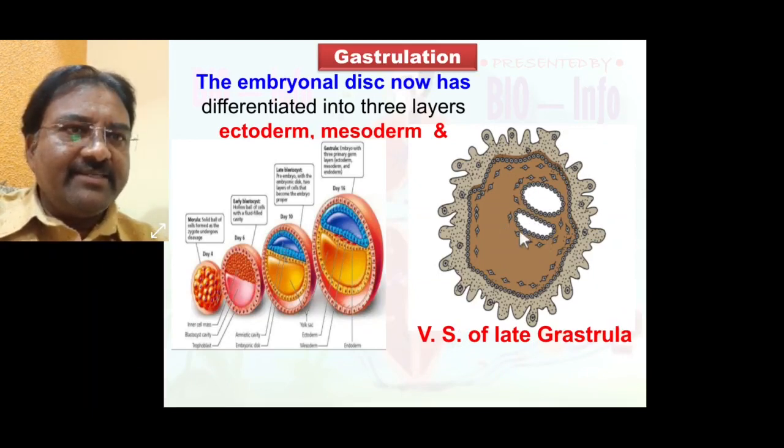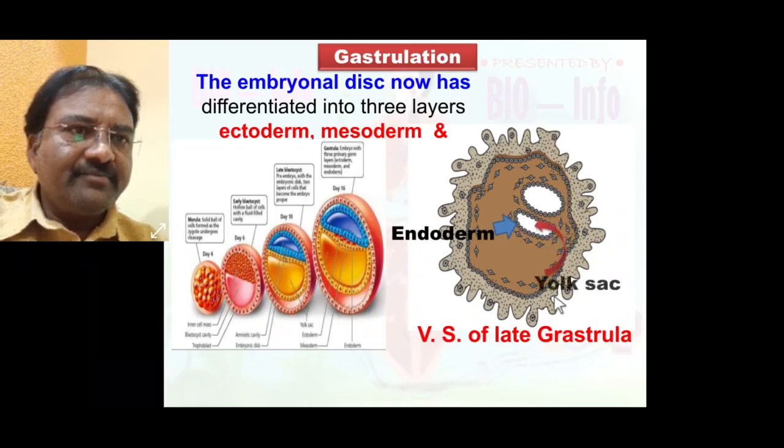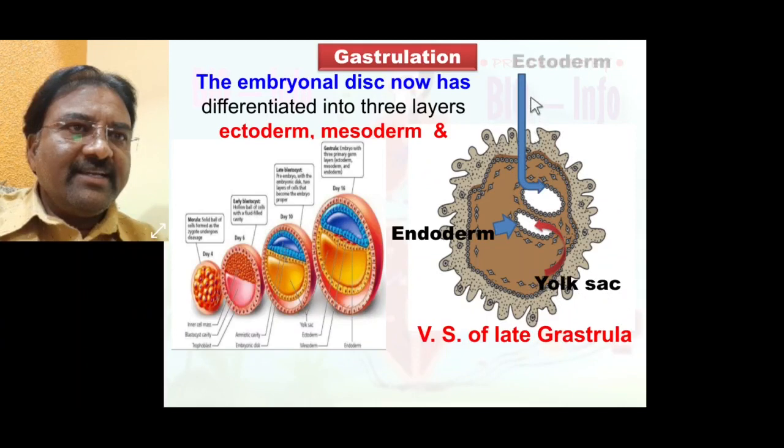Seen here are all these three germ layers. This one is endoderm, labeled as such, and inside it is the cavity called the yolk sac. This layer is the ectoderm, and inside it is the cavity called the amniotic cavity.